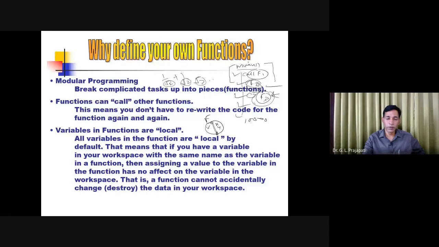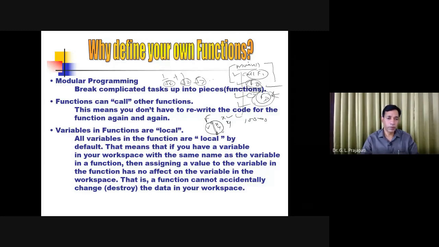If you have defined a variable within the function, it is a local variable. And if in your workspace you have variables x and y, then these variables are different, because this x and y are local for f, and this x and y are in your environment. So this will not affect the workspace, because it is working locally.